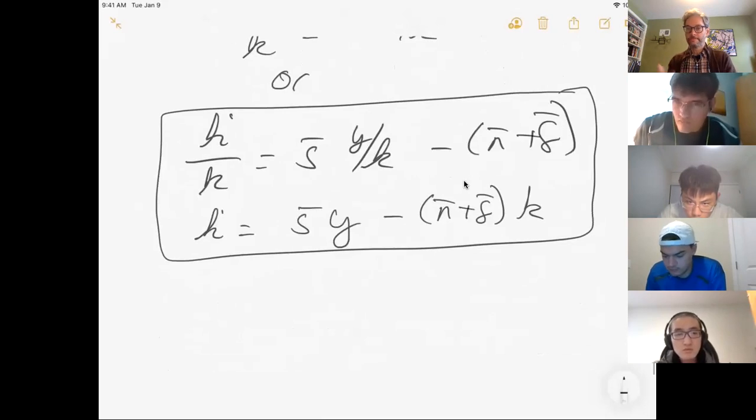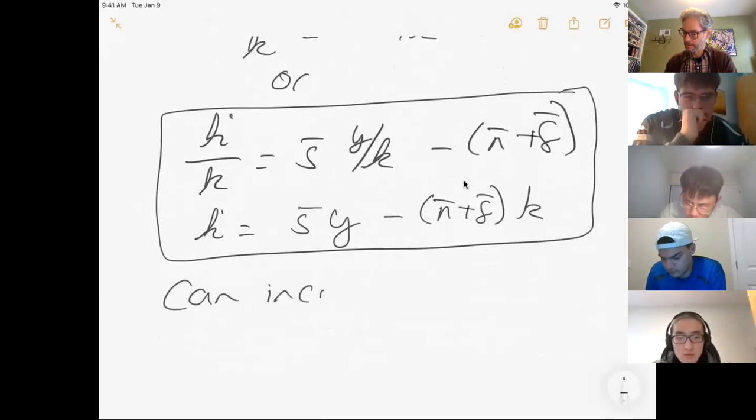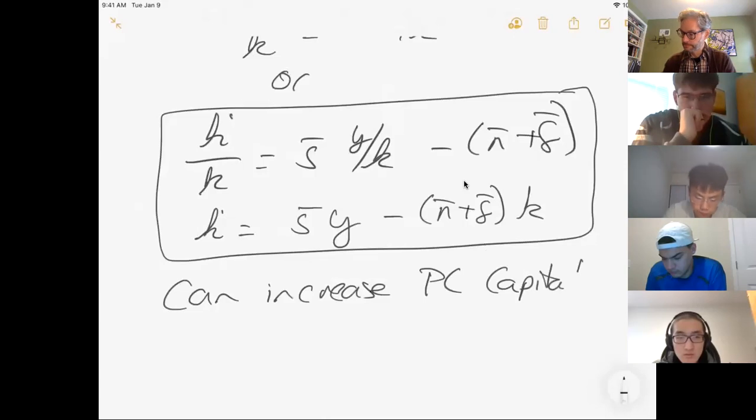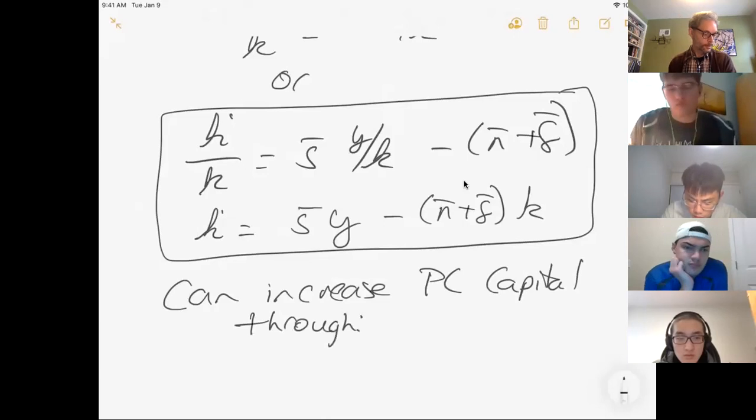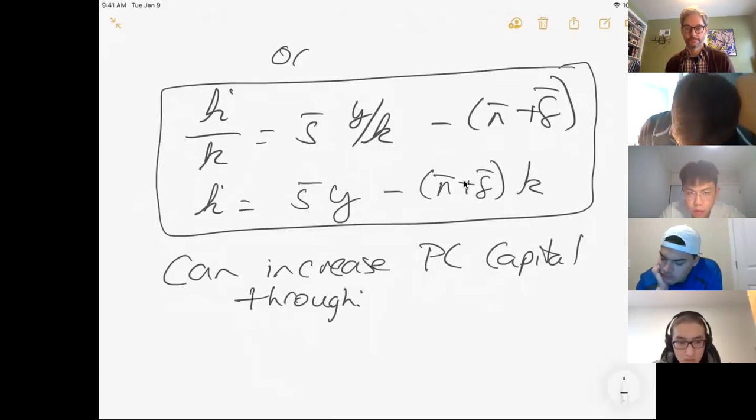Okay. We can probably already begin to see where we're headed here with our Solow model just from these two equations. How do you increase per capita capital in this model? There's really only three ways you can do it.